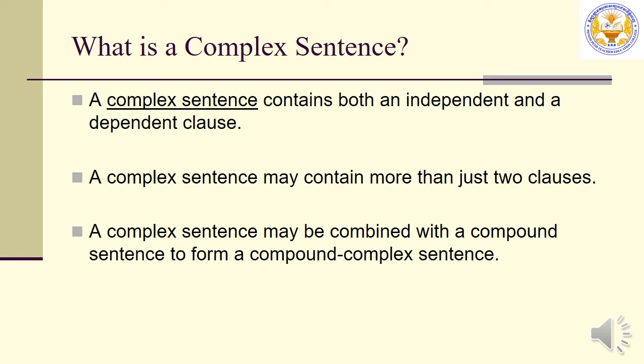And when you add a dependent clause into a compound sentence, that sentence will become a compound-complex sentence. But now we haven't discussed independent clauses and dependent clauses. So just learn a little bit about these two types of sentences, complex sentence and compound-complex sentence.